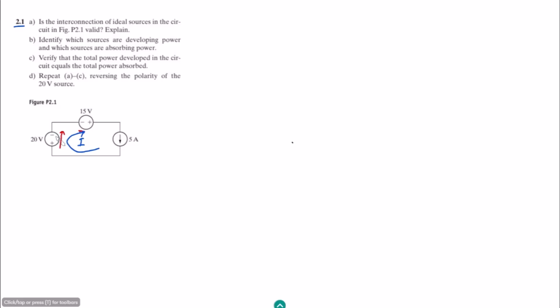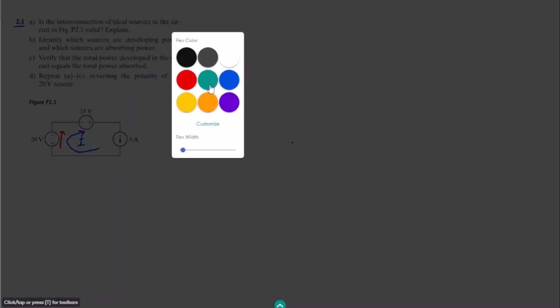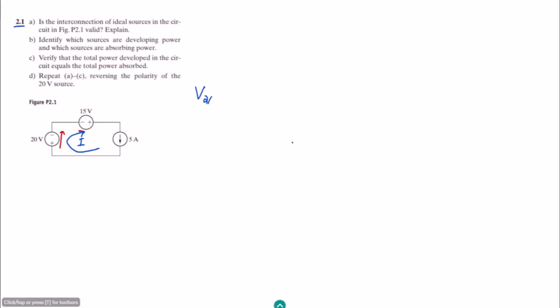So it is leaving from this terminal, and as this is an ideal circuit, we are considering the conventional current. When it enters through positive and comes out of the negative terminal, this will be the absorbing source. So let me write here V20, 20 volts.